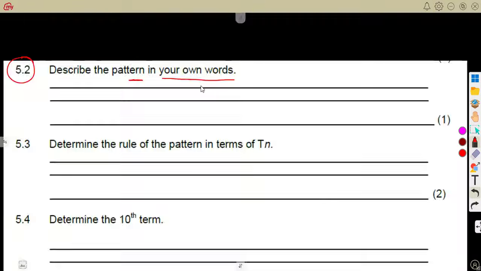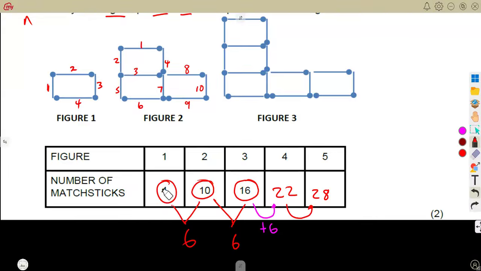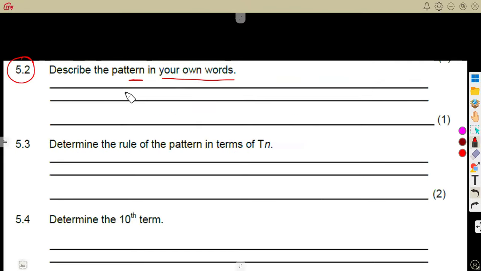As we can see, from one pattern to another, we are adding a 6. To get another one, we add a 6. That's the concept. So we are simply adding, that is, add 6 sticks. They are the number of sticks there.